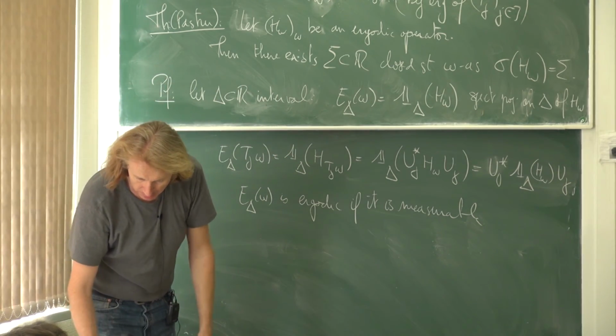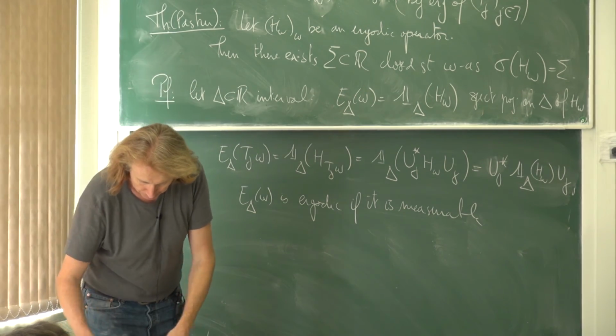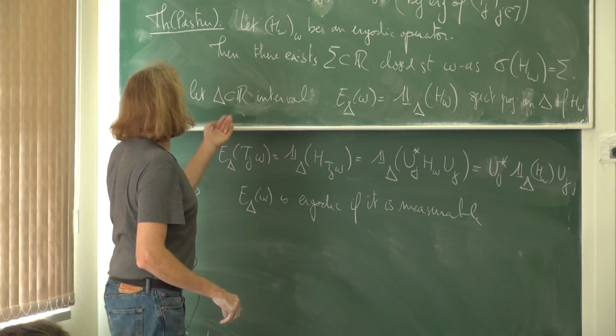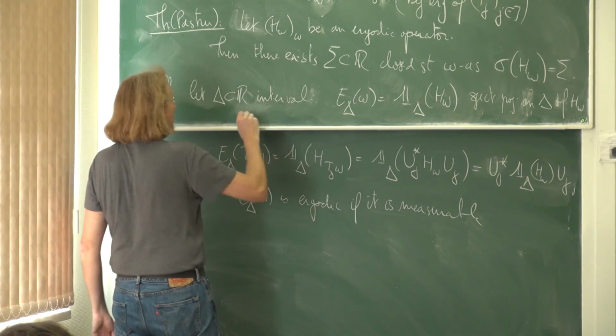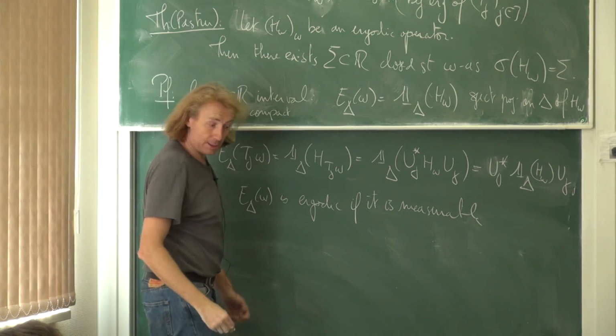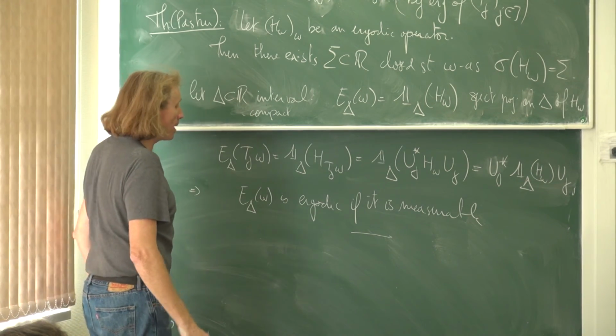For example, what can I do? Well, I can do it first for delta compact. And what I can do is to show measurability.